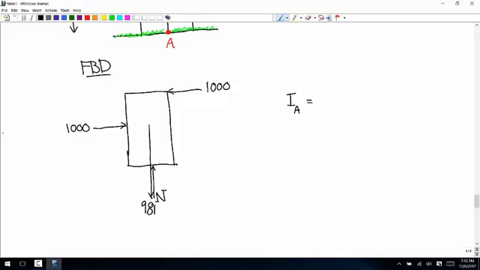Yeah, so it's going to be 1/12 times 100 times the length, so the 1/12. That's going to be the length where we're in the middle. Okay, so this is 0.5.